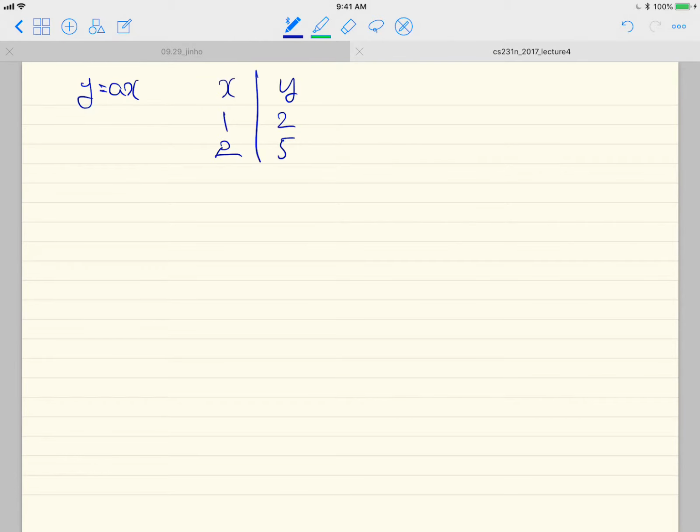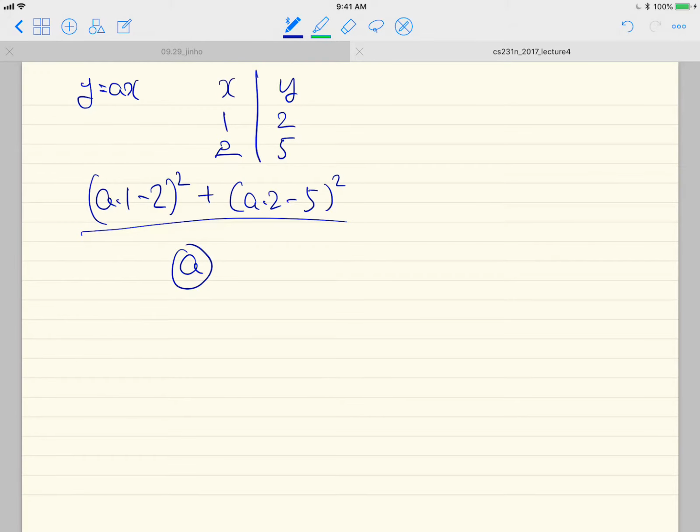Okay, so in this case, what is our loss function? (a times 1 minus 2) squared plus (a times 2 minus 5) squared, right? So this is our least squares loss. And then how do we represent it as a computational graph? We have A, and this is the first data item's feature and this is the second data item's feature, thus x1 and x2, right?